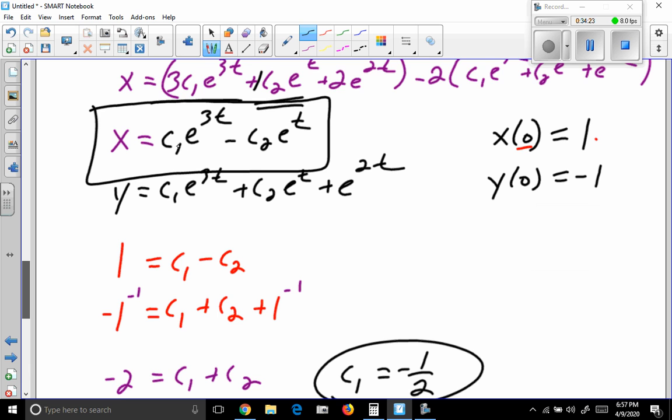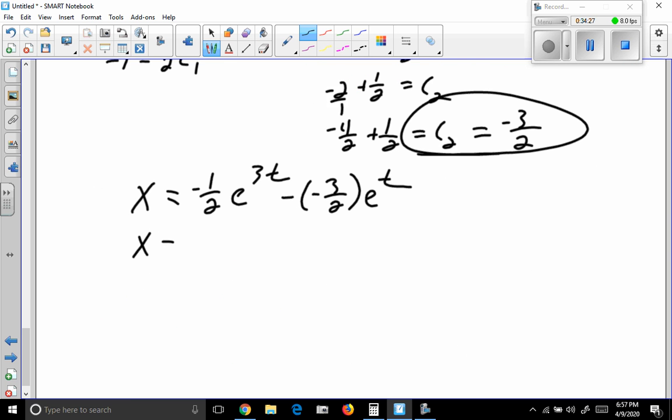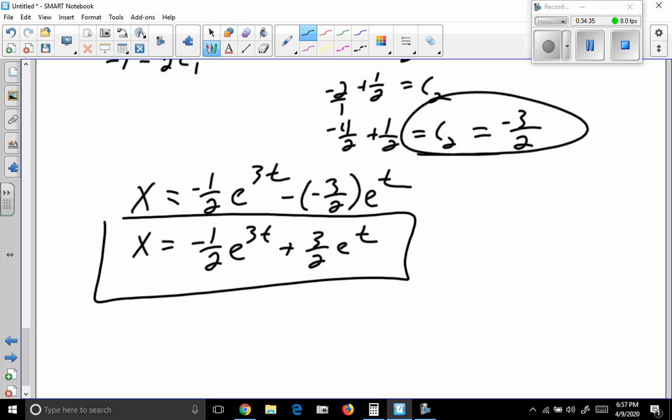So we put a c1 in, we put a c2 in. So that means x is negative 1/2 e to the 3t plus 3/2 e to the t. So that's our solution for x.